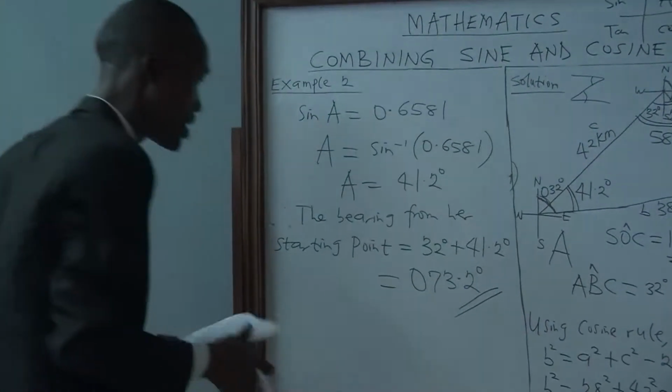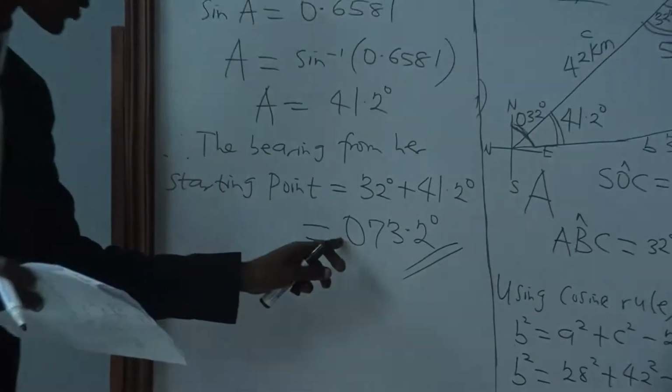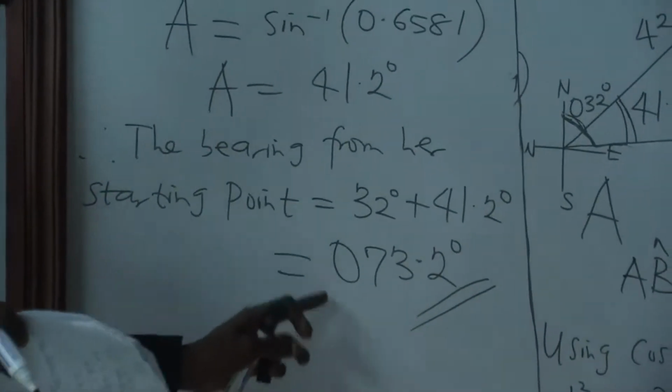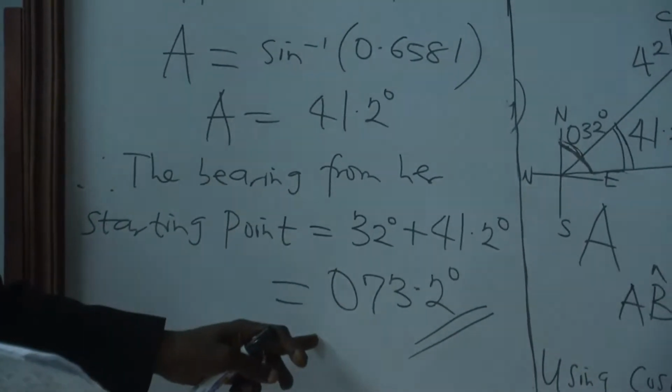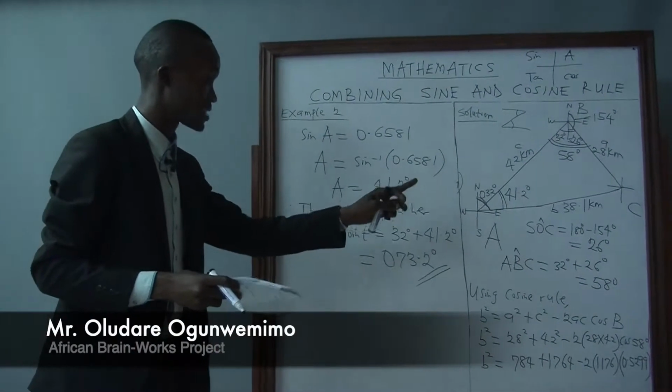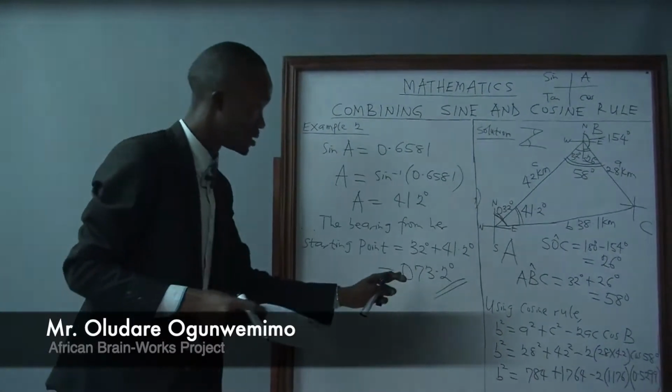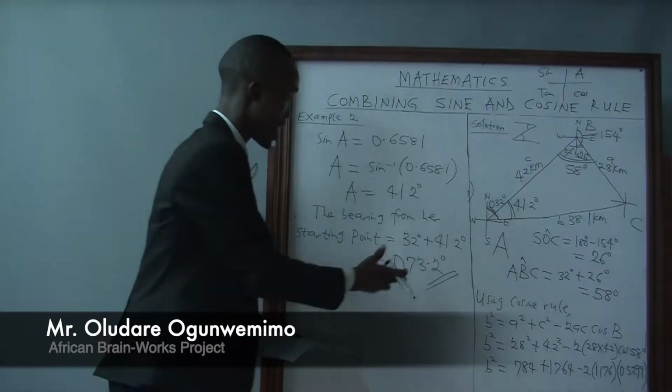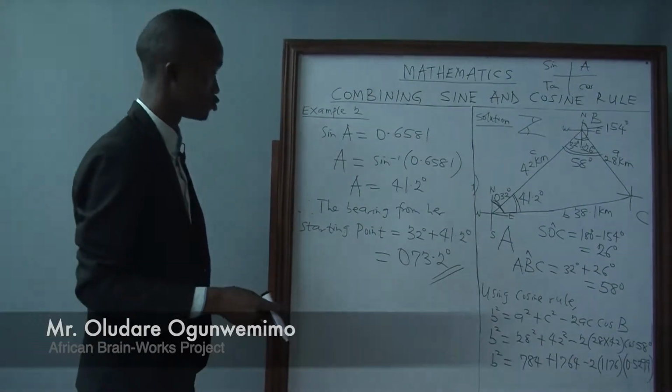And that's the final answer. We have this 0 in front of 73.2 because the bearing is a surveyor's bearing, and we have to take it from the north pole to the line that connects A and C, doing that clockwise. So we have this 073.2 degrees.